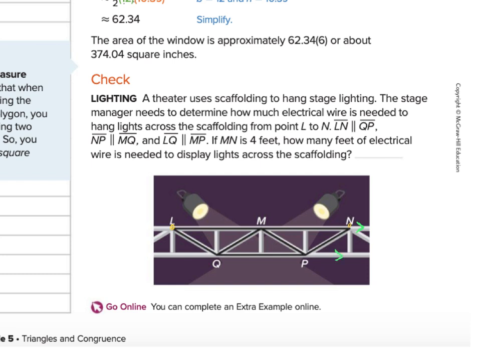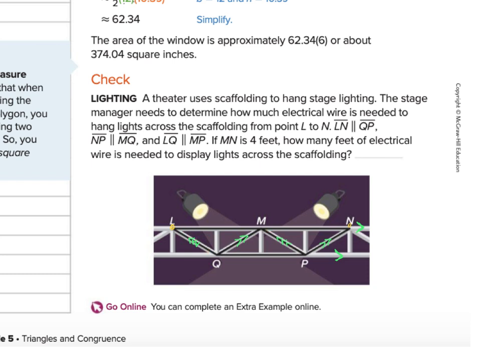NP is parallel to MQ. So 2 lines cut by a transversal. We're looking at that. I know that this LQ is parallel to MP. So there we can start looking at information. Depending on which set of parallel lines you want to tackle first, this is parallel to this.